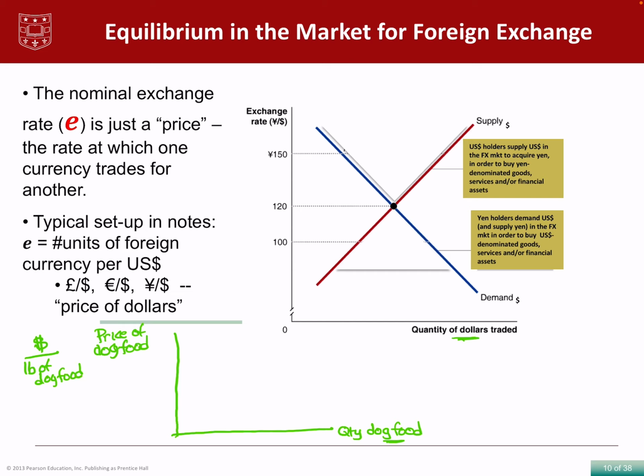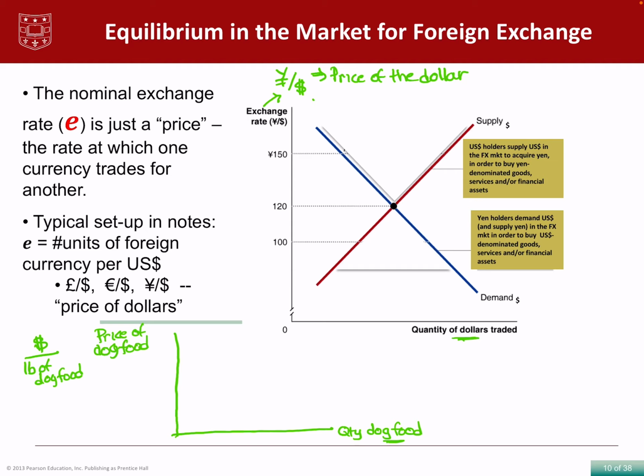Here we have an exchange rate, and this is, in our example here, yen per dollar, and this can be interpreted as the price of the dollar. So the price of dog food is expressed how? It's expressed in dollars. The price of the dollar in this particular case is expressed how? It's expressed in yen. So we have a similar sort of characterization, even though it looks perhaps a little bit peculiar.